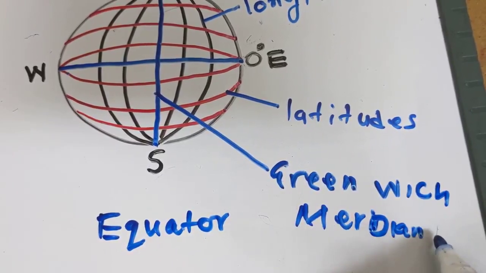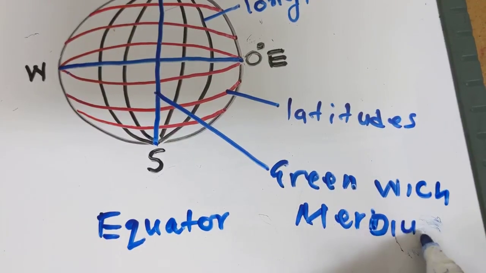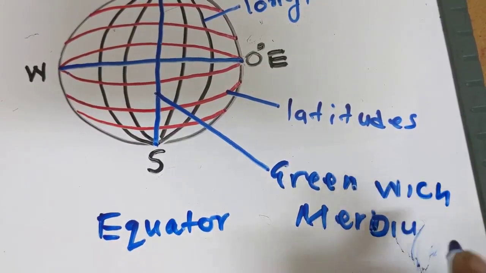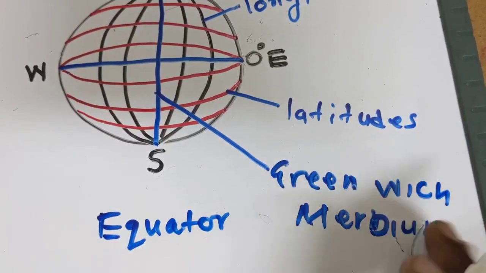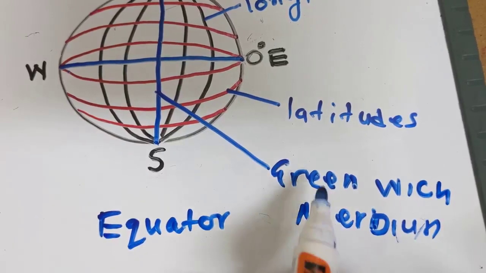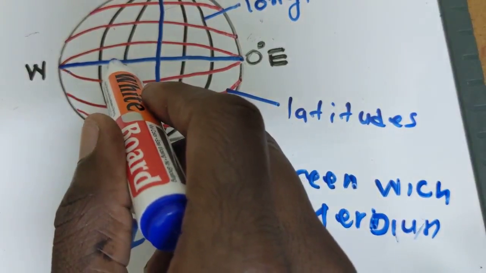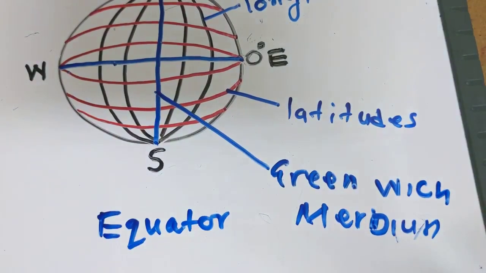Okay, the Greenwich meridian, there is an N here. So this is what these are called. Those that are doing geography know this. This is what we call the Greenwich meridian. Then this part is called the equator.